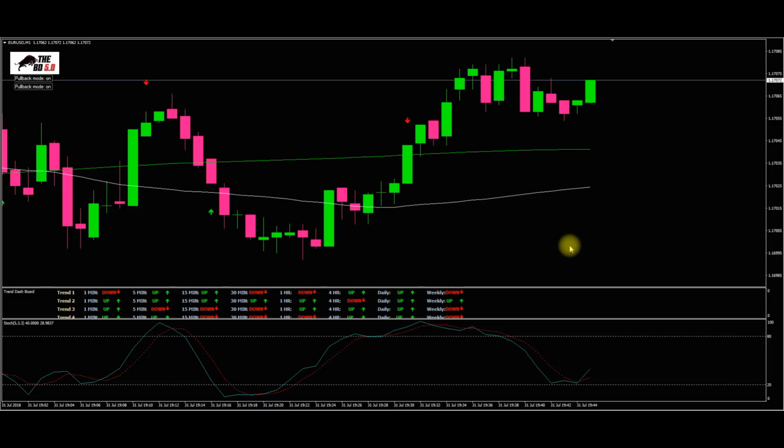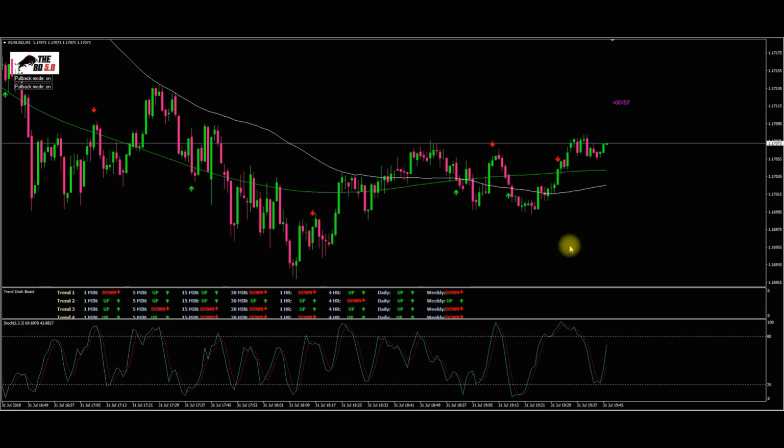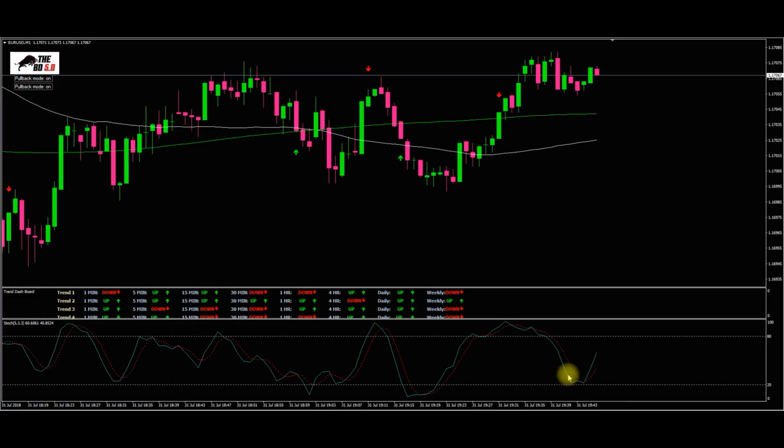And this is the really frustrating point for me, because I've now missed my entry and the price is going to shoot up like it is doing now, and I knew that was going to happen, but it didn't meet my rules. So that's why I didn't get into a trade. And we can see here, look, it didn't actually cross, which is annoying.